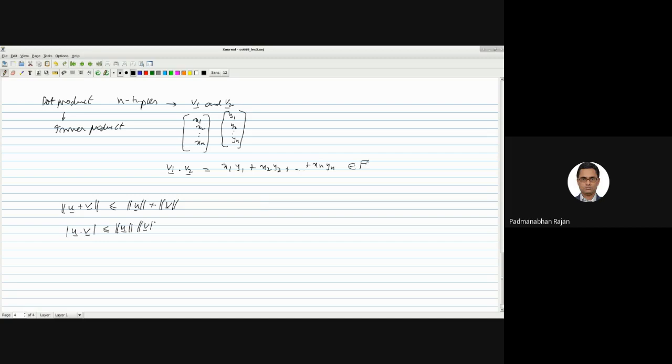Essentially, what this tells you is that the magnitude of the inner product or the dot product is bounded by the product of the norms. So this is the triangle inequality. This is Cauchy-Schwarz.